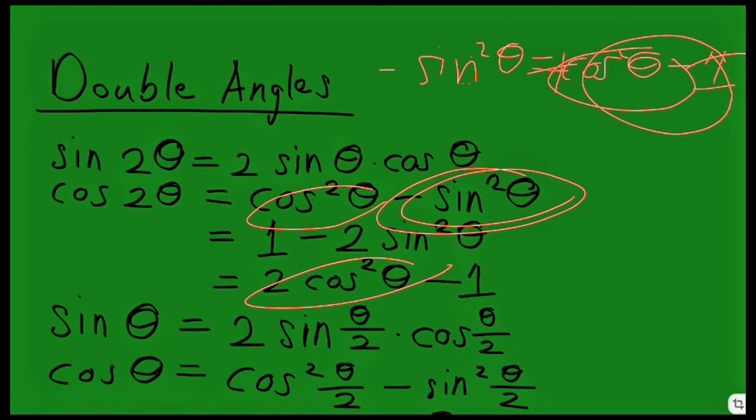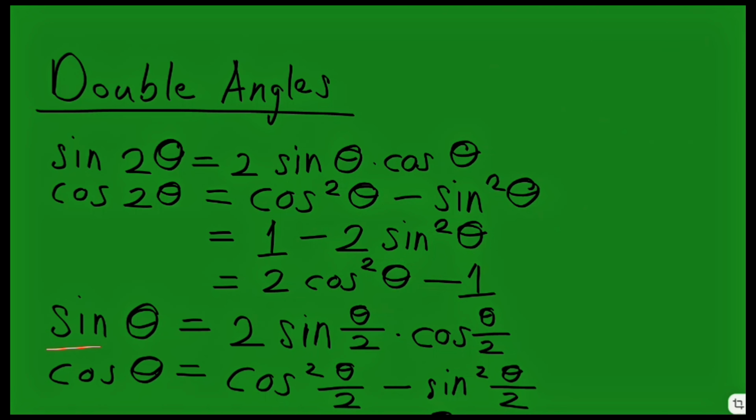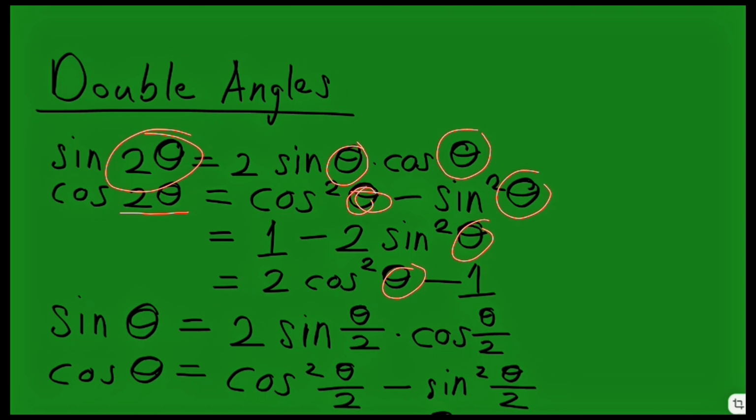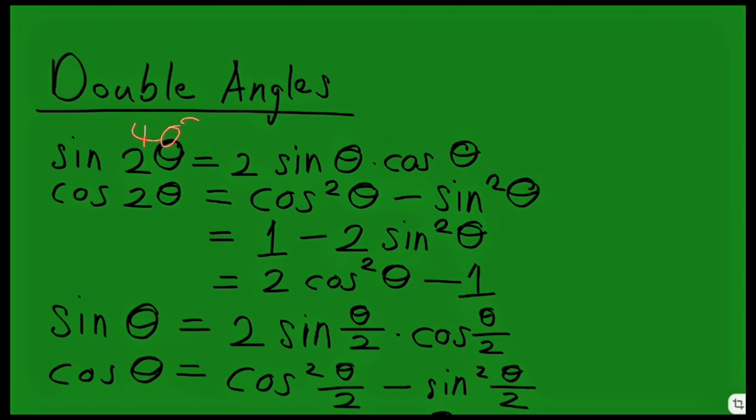Keeping that in mind with double angles, we can also do the same thing here. So since this is the half of this, that means for us to get this angle, we just have to divide this one by 2. So for instance, let's just say here it's 40. If it's 40 here, that means it's 20 here, it's 20 here.